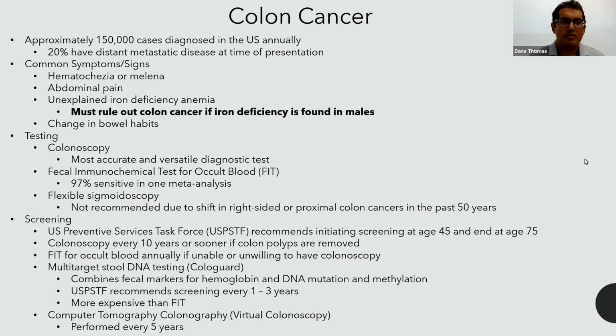Testing includes the colonoscopy, which is the most accurate and versatile diagnostic test. Fecal immunochemical test for occult blood, or FIT testing, is also a good option. It was 97% sensitive in one meta-analysis. Flexible sigmoidoscopy is not recommended due to a shift in right-sided proximal colon cancers in the past 50 years.